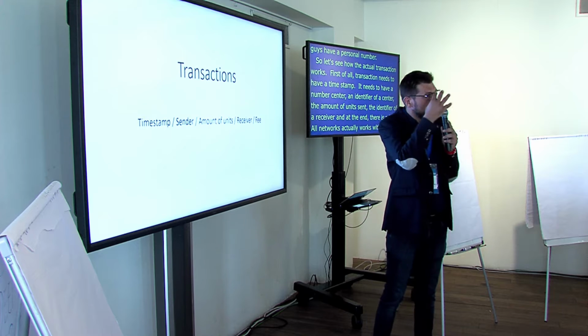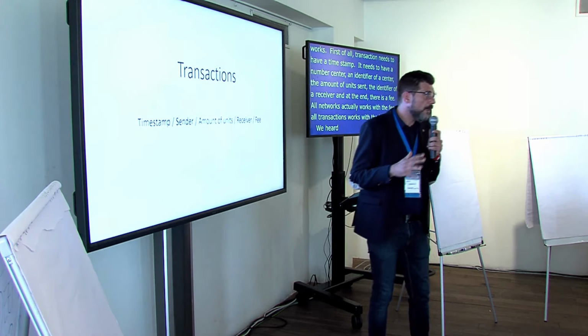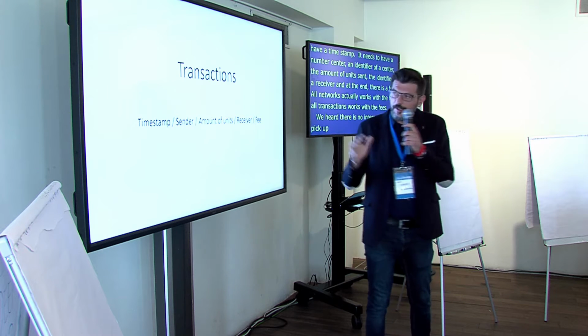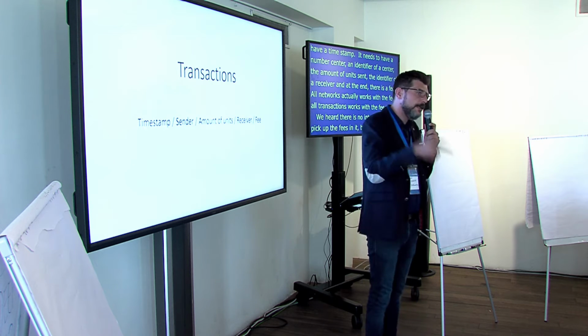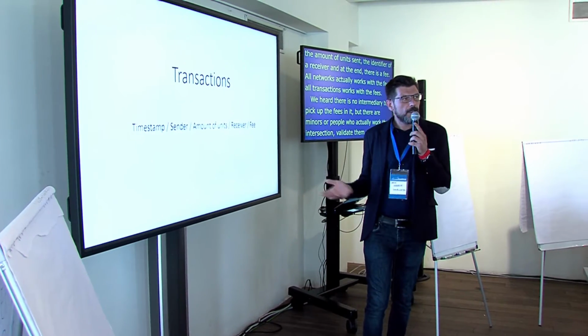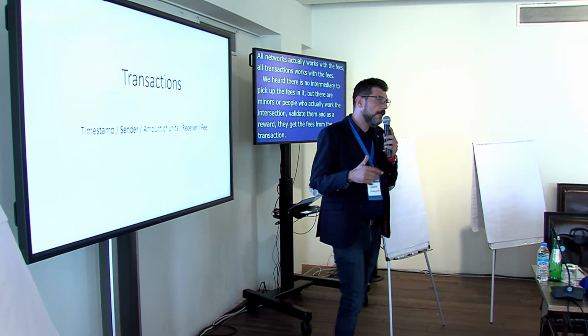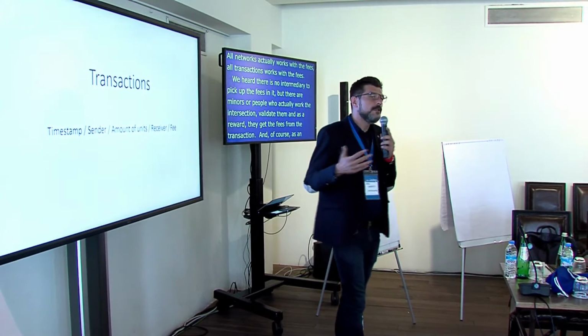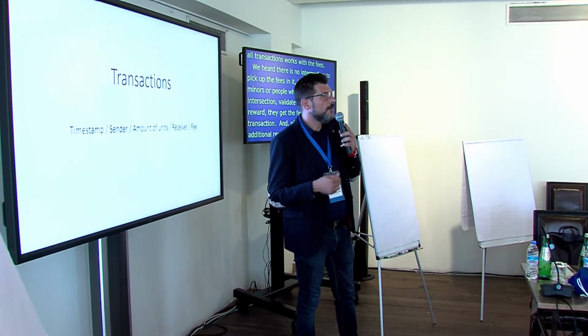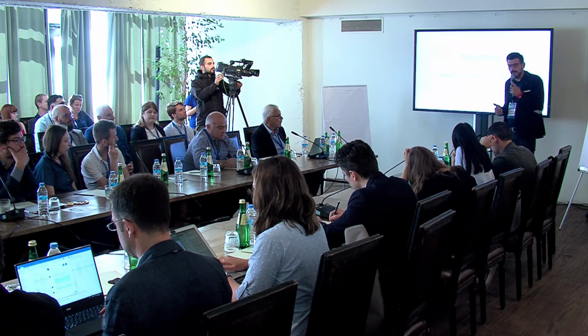We heard that there are no intermediaries to pick up the fees, but there are miners, people who work on transactions and validate them, and as a reward, they get the fees from the transaction. And of course, as an additional reward, they gain newly minted or newly created currency or amount of units.